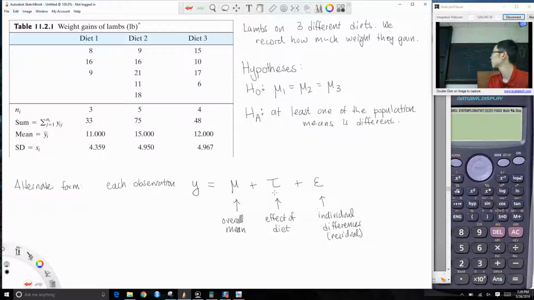Okay, and so we'd say the overall average of all 12 of these lambs is like 13 pounds if we average all 12 of these numbers together. And we could say, okay, taking the first observation, this lamb gained only 8 pounds.